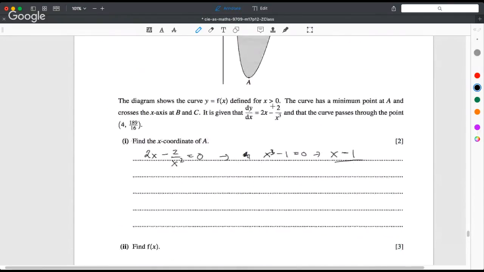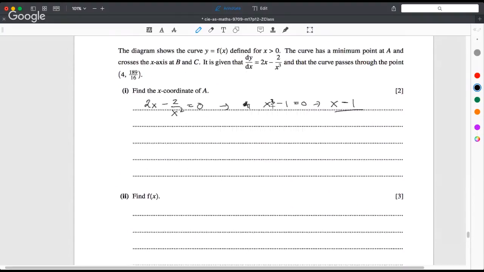And now they want us to integrate to find the original function f of x. So we know f prime of x. So we're going to integrate. So dy dx is (2x minus 2) over x cubed. And now we're going to separate variables.